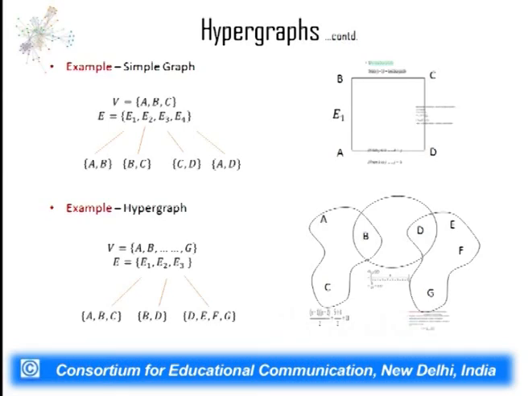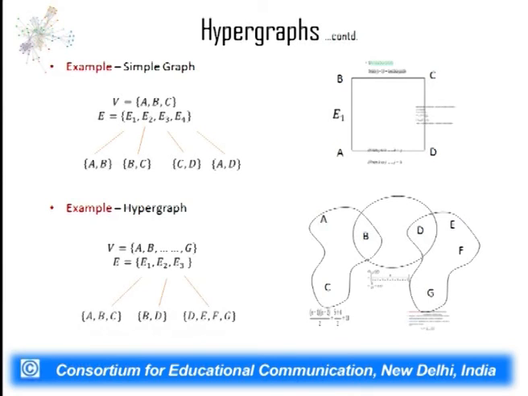There might be some edges that are overlapping with some other edges. They might be entirely overlapping or partially overlapping. As we can see, B and D are overlapped with the ABC edge and the DEFG edge, so it's partially overlapped.